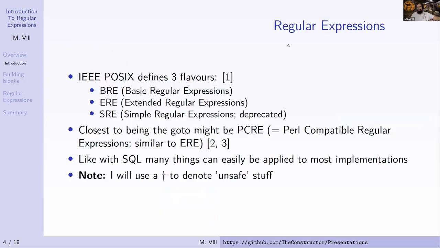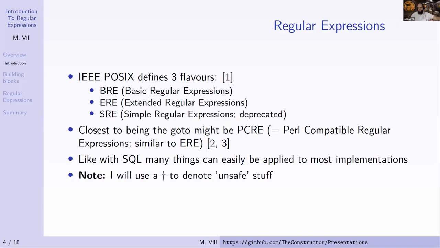On the other hand, what are regular expressions? It's like SQL, you have some POSIX standard behind it, but in the end, nobody really is using it. Also, the POSIX standard defines 3 flavors, one of which is deprecated already. So I'm mostly focusing today on regular expressions that follow this Perl-compatible style, which is similar to the extended regular expressions for all I know.